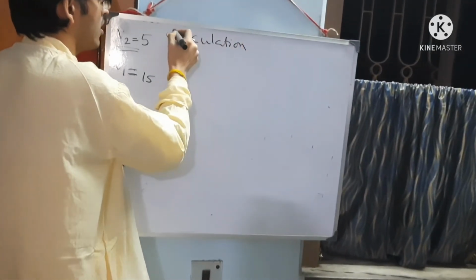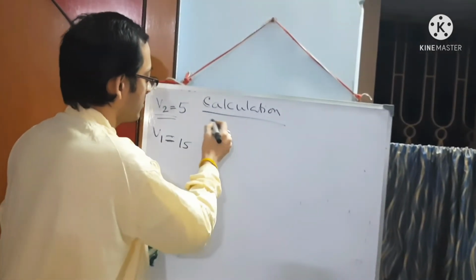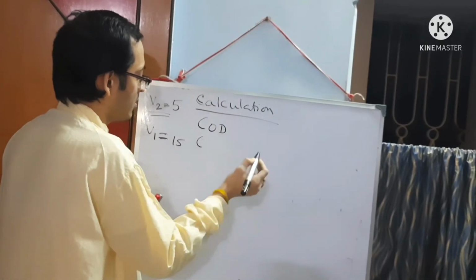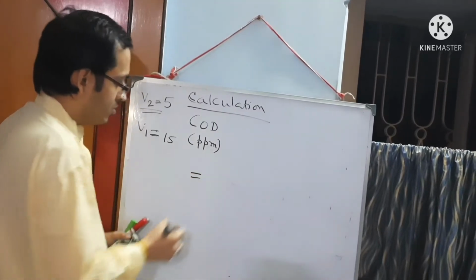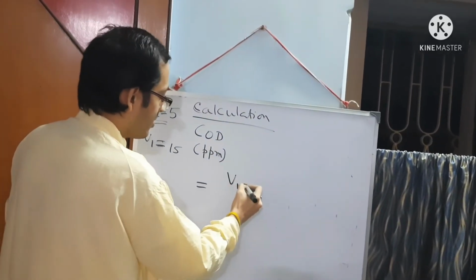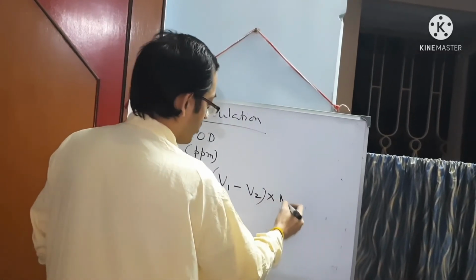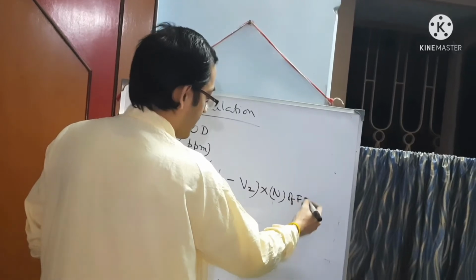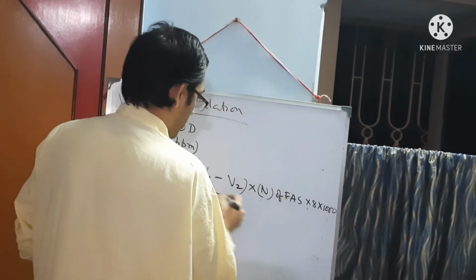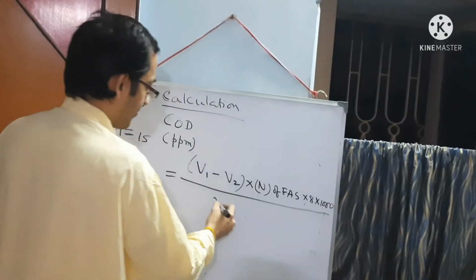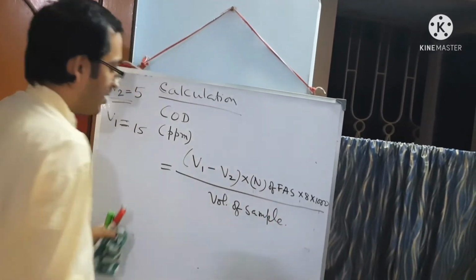Calculation formula. So the calculation formula for COD, the unit of COD is ppm. The formula is V1 minus V2 into normality of FAS into 8 into 1000, all divided by volume of sample.